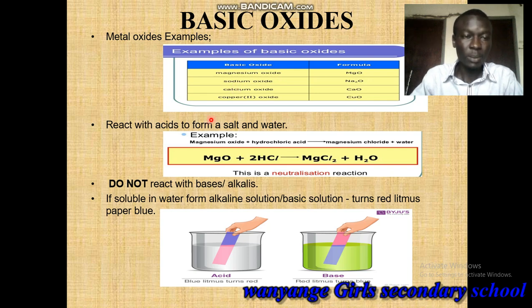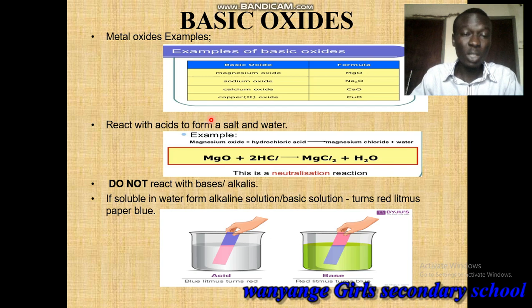Please note this, that basic oxides react with acids to form a salt and water. Please write it somewhere and never forget. Basic oxide plus an acid, you form a salt and water.